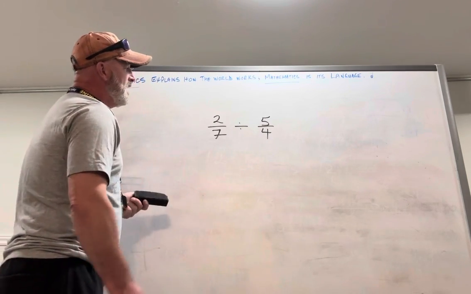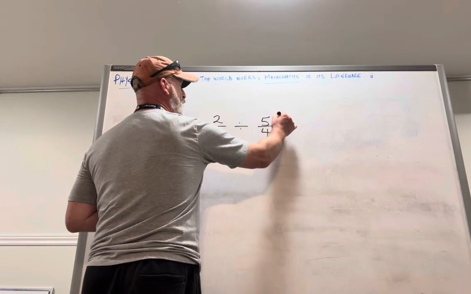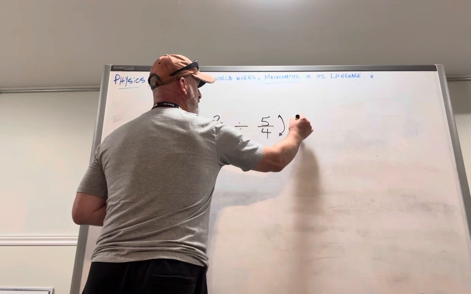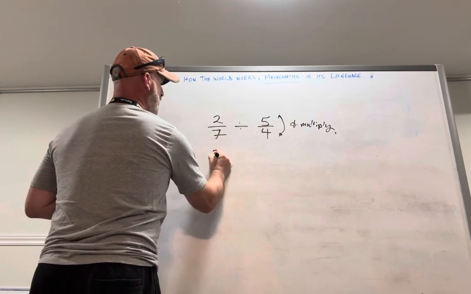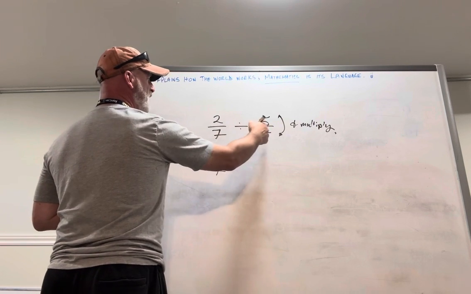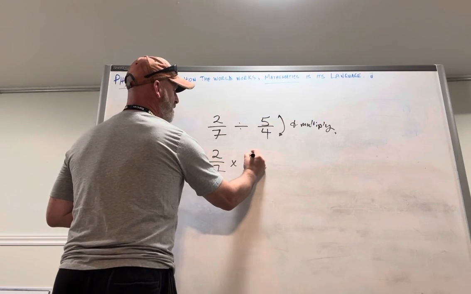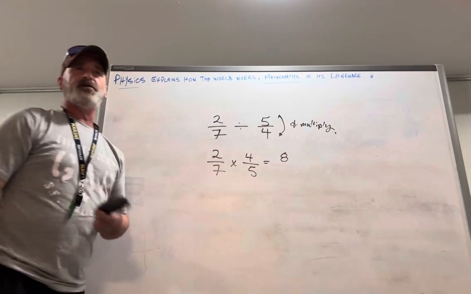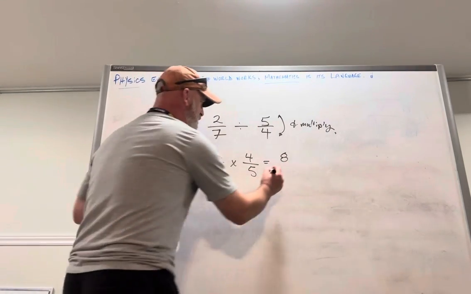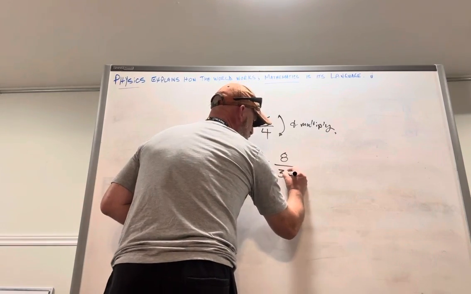And then to divide, all we have to do is invert and multiply. So 2/7 divided by 5/4 is the same thing as multiplying by 4/5. That gives you 8. 7 times 5. Oh, I wish I knew my times table. It's 35. Does that reduce any lower?